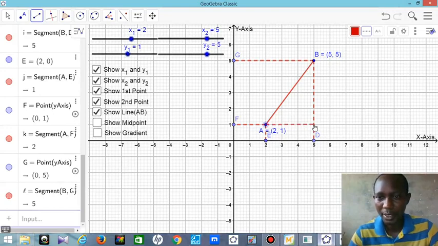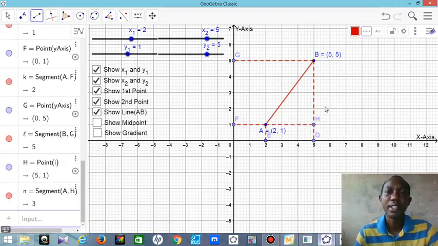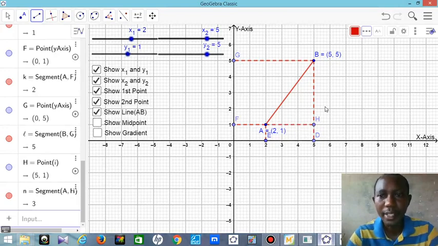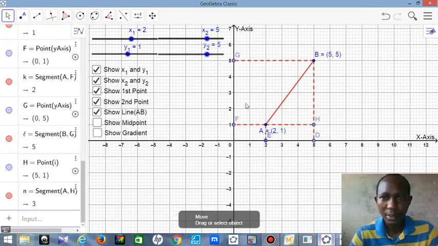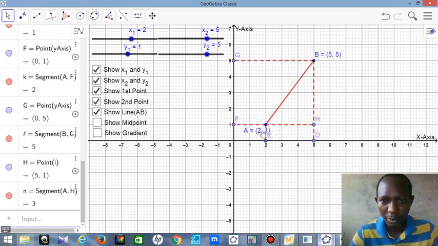Then I join these two here. I have my point H. Alright, so now you can see what we have. You can see that the distance we need is, let me move point A out so we can see it clearly.